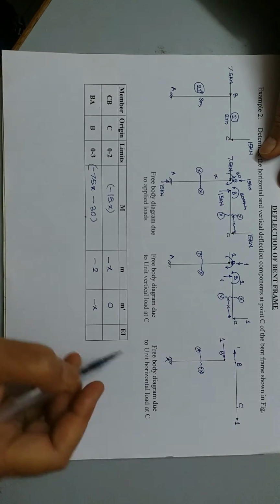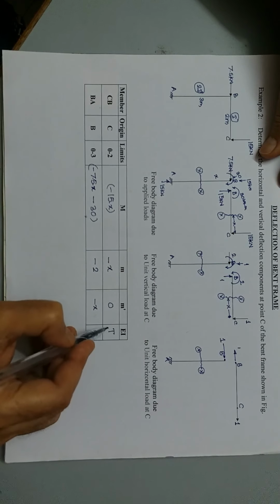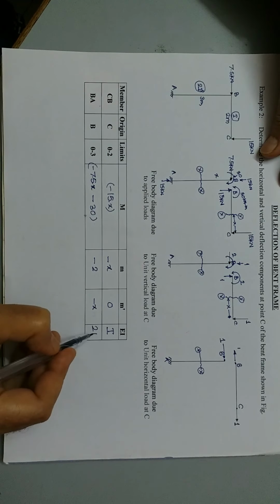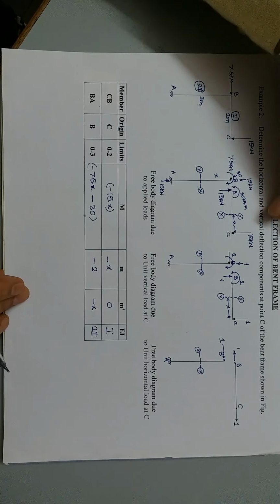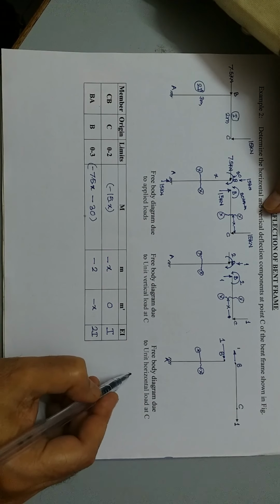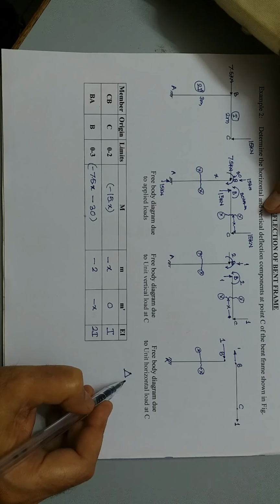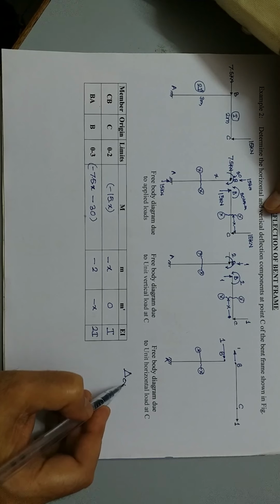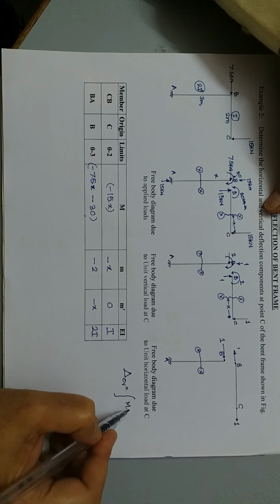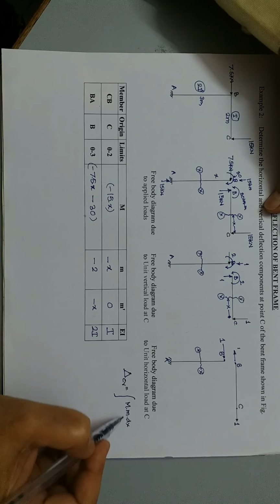So member BC has moment of inertia I, and member BA has moment of inertia 2I. So the vertical deflection at C is calculated as integral of m into dx by EI. So let us calculate that.